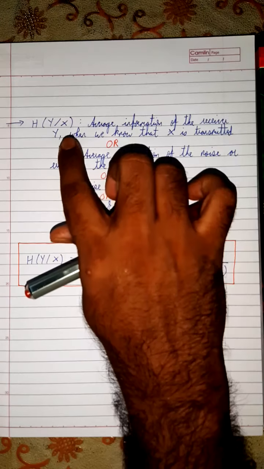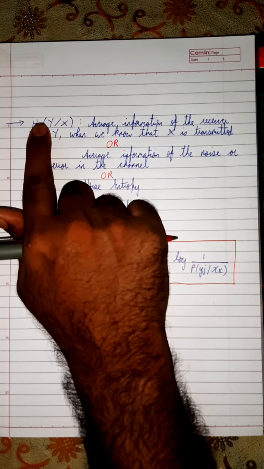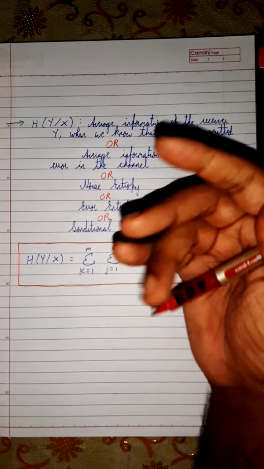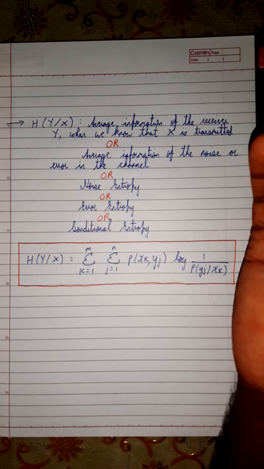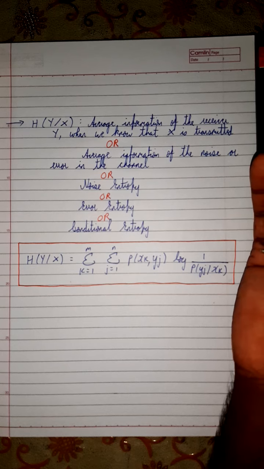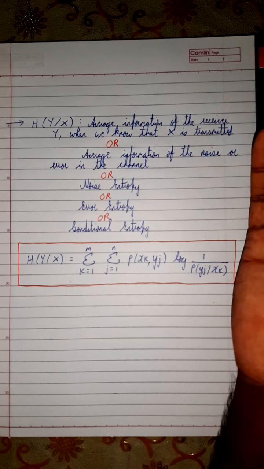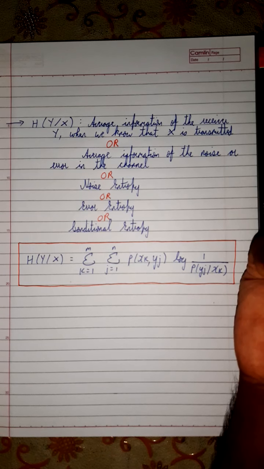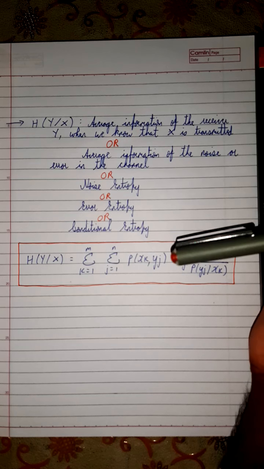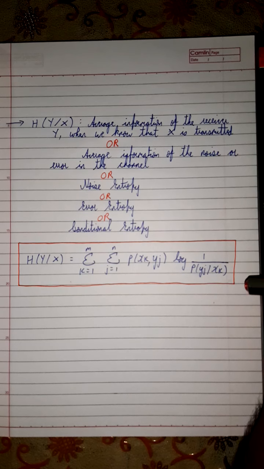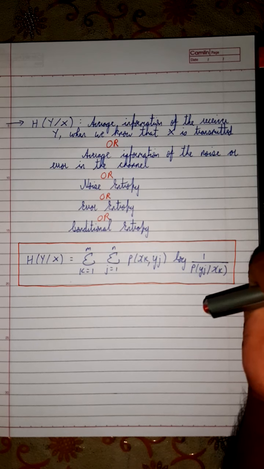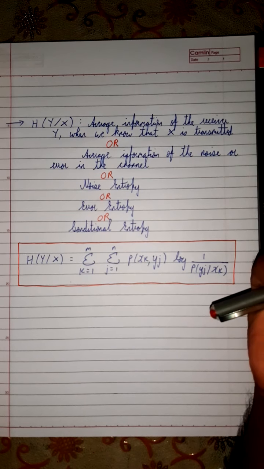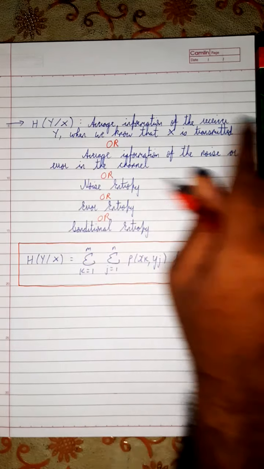Why it is called a noise entropy is because in this entropy we know what value is being transmitted, we know which symbol is being transmitted. So after knowing which symbol is transmitted, I need to know which symbol I have received. By comparing the received symbols and the transmitted symbols, I can estimate the noise of the channel. That is why this is called the noise entropy.